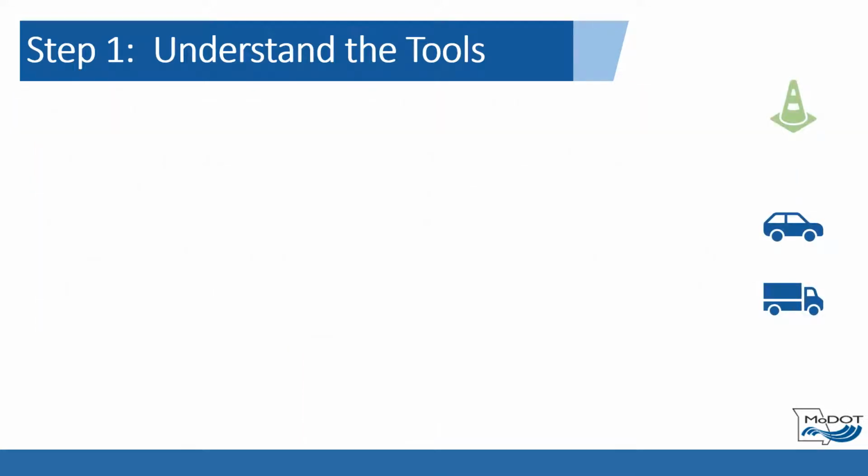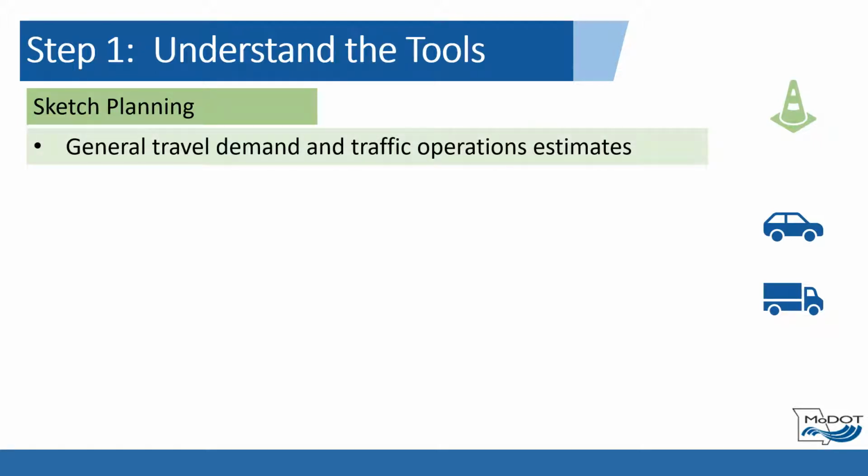There are four categories of tools. The first is sketch planning. There are pros and cons to the sketch planning tool. Sketch planning tools produce general order of magnitude estimates of travel demand and traffic operations in response to transportation improvements.